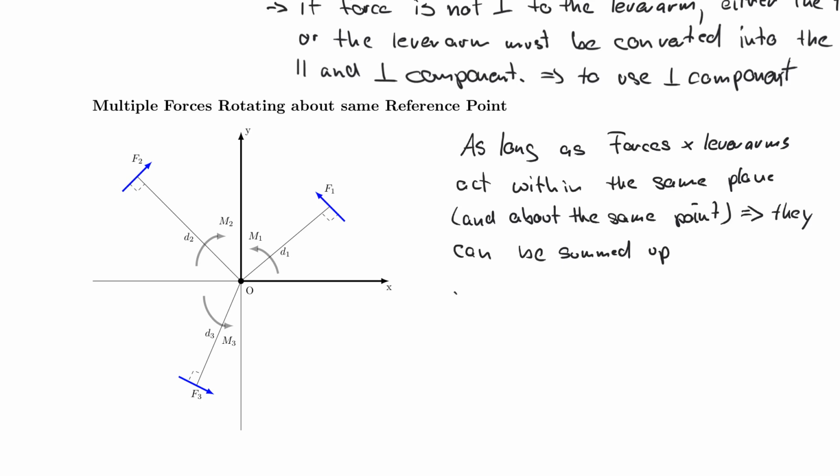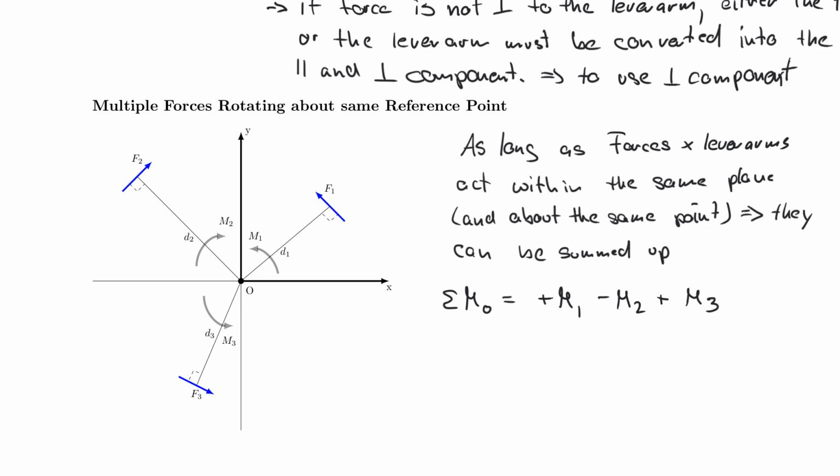An engineer would say the sum of the moments about point O is equal to, and let's take a look at these circles here first, or the portion of the circle, M1, M2, and M3. The way I would write this is plus M1, because it's counterclockwise, minus M2 because it's clockwise, and plus M3.